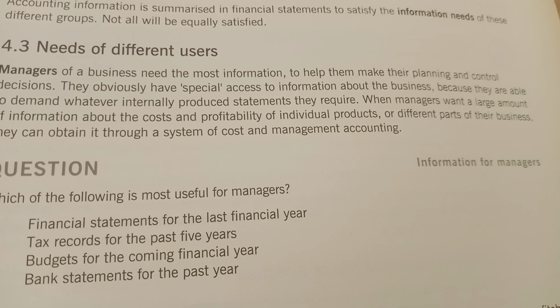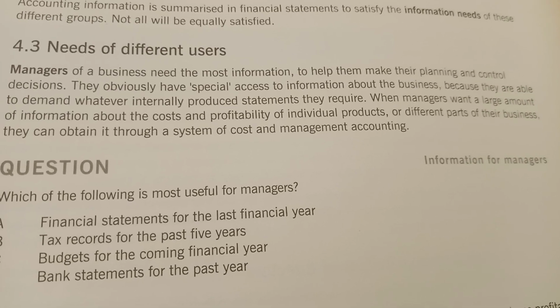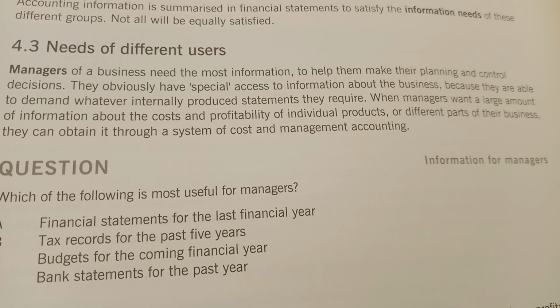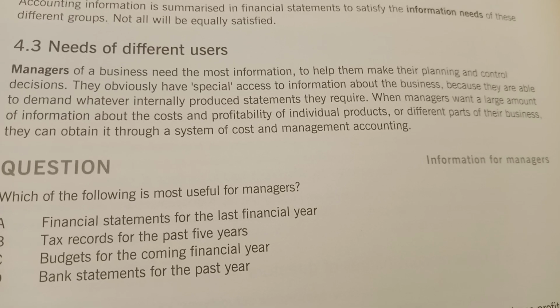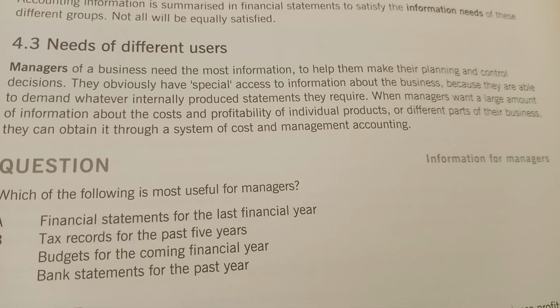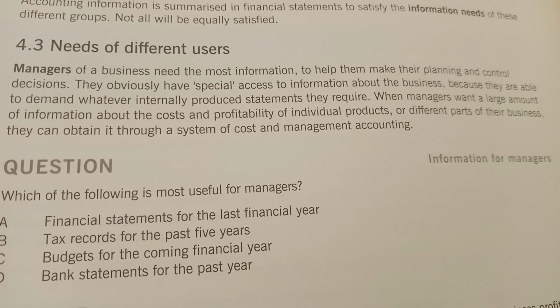The manager wants a large amount of information about the cost and profitability of the individual products or different parts of their business. They can obtain it through a system of cost and management accounting.